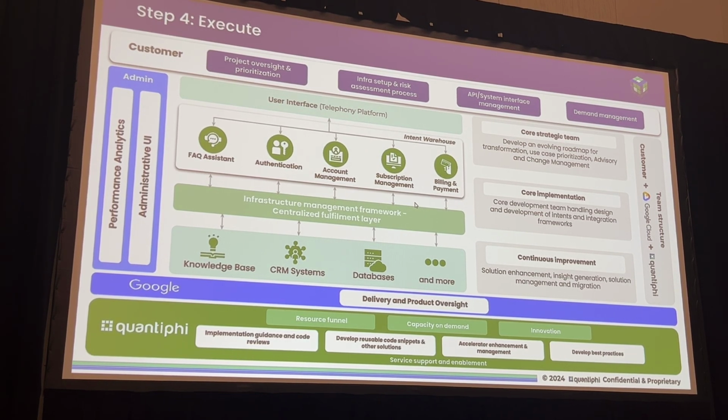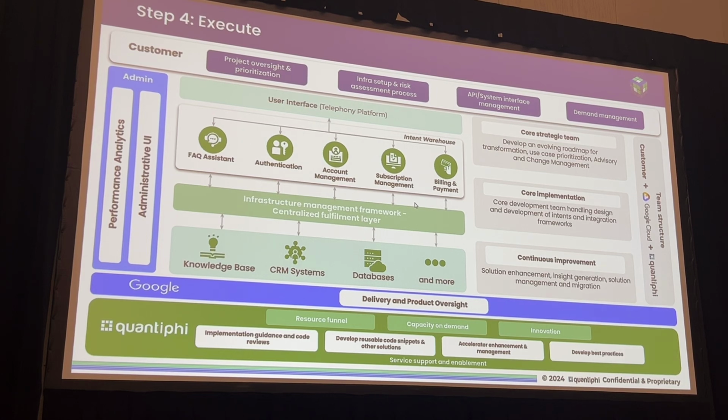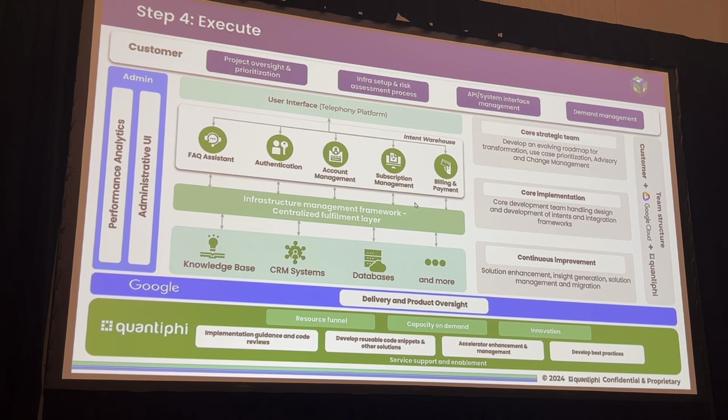So again, from a delivery framework, right, at the onset we understand and clearly baseline the customer's expectations, and the customer here should be the authority on the roadmap, right? Like, what do you want to implement first, and what should come later? How ready are your backend systems and your technical ecosystems? So some of those responsibilities lie with the customer.